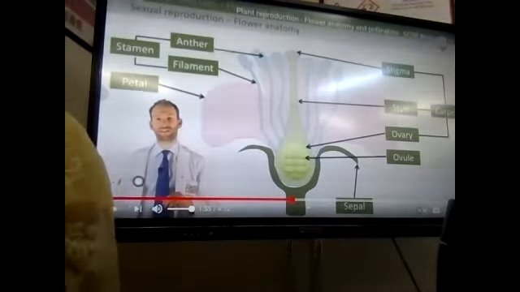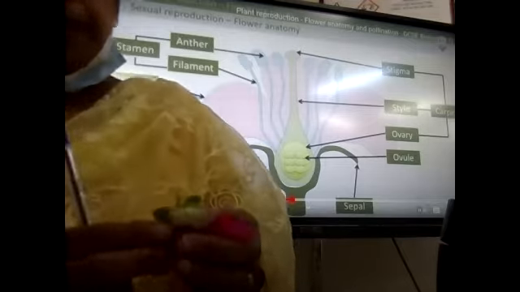Okay. This is the main part, anther and filament. What does the filament do? It is holding the anther, and inside the anther there will be the male sex cell, that is the pollen. So you can see it in this picture.